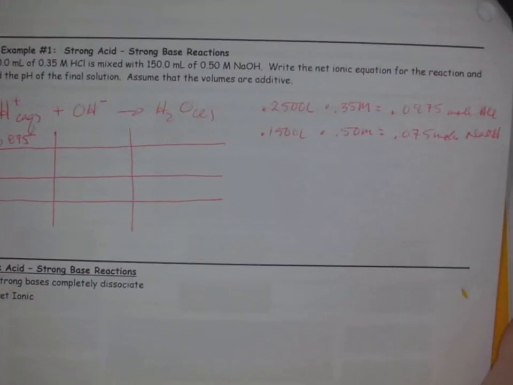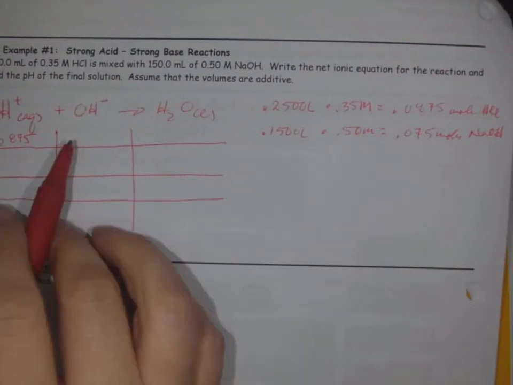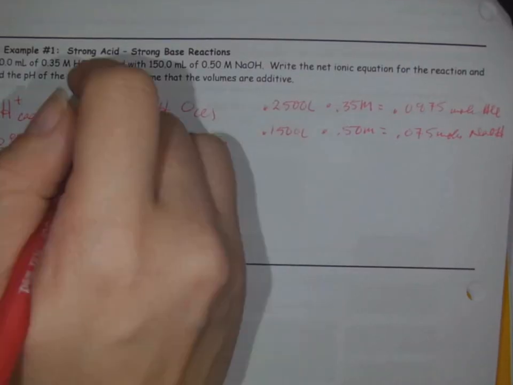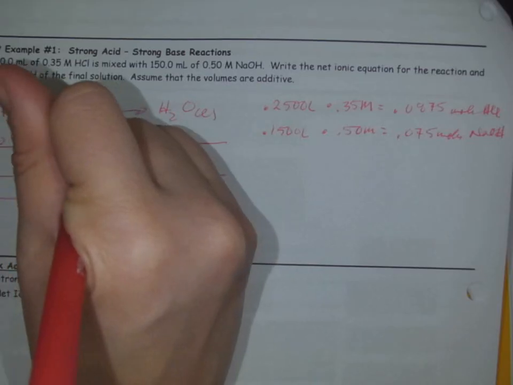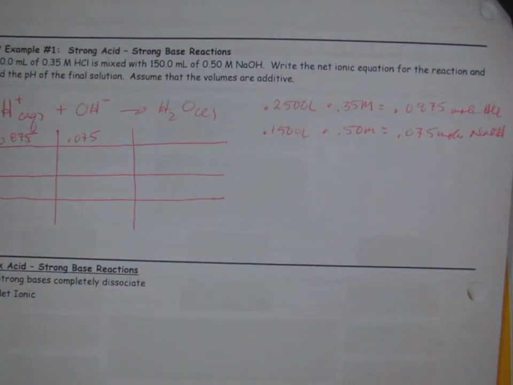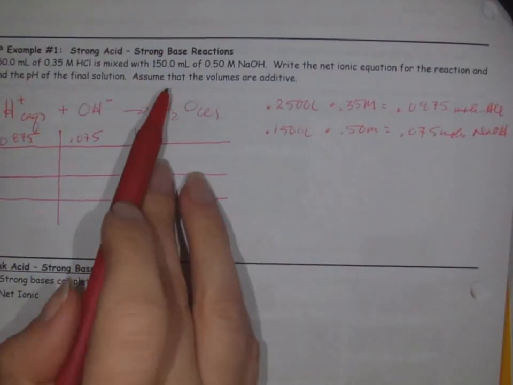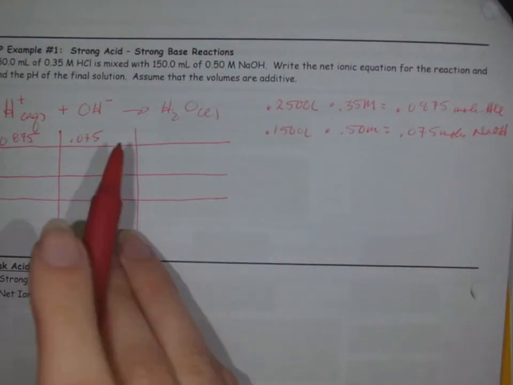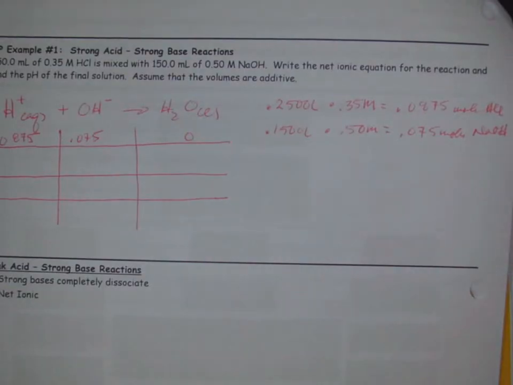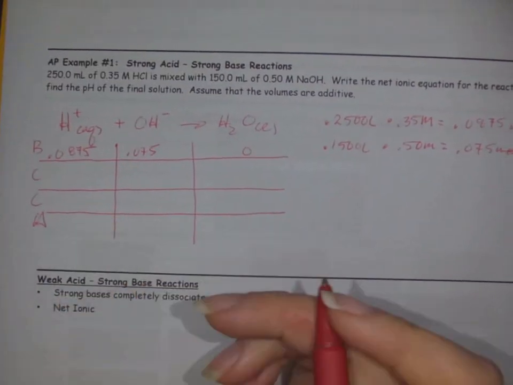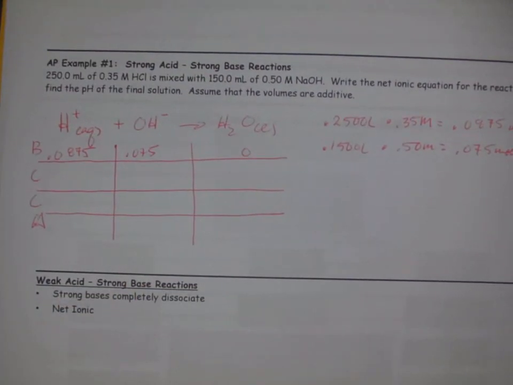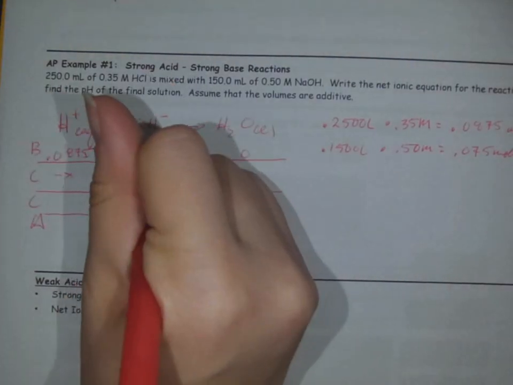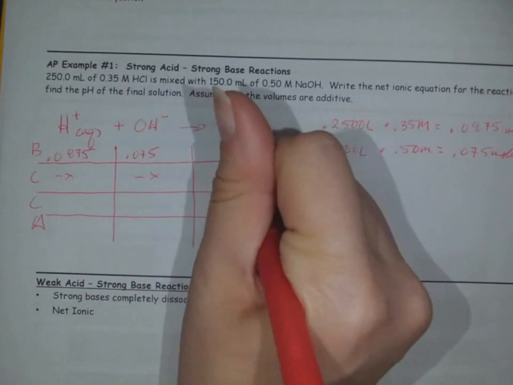Reminder, with strong acids and strong bases, the moles of the acid equals the moles of H+, and the moles of the base equals the moles of the hydroxide, 0.075. Okay. Molarities go in ICE tables. Moles is what goes in BCCA, and we started with 0 products. Our coefficients tell us what this change is going to be, same as the ICE table. So this is going to be a minus x, and then a plus x.